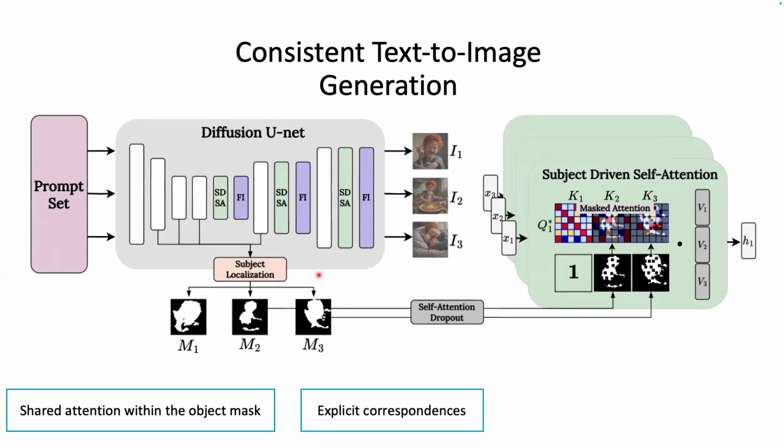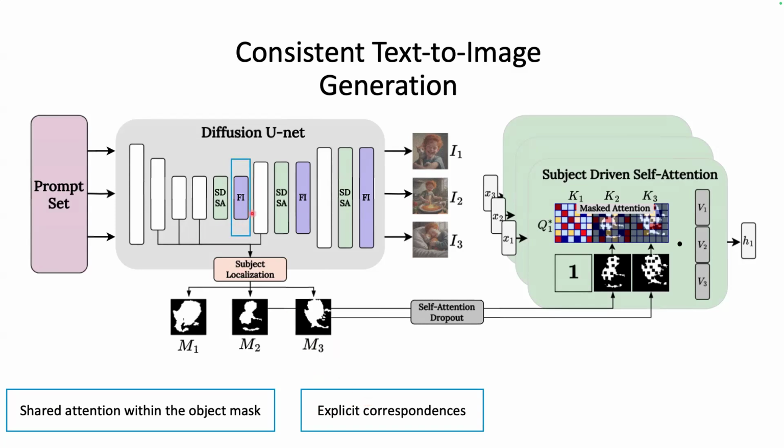Second, another thing that they do, they actually find explicit correspondences between the main subject in the different images. They find these correspondences with a method called DIFT, which is based on the attention features. And after they have these explicit correspondences, they actually inject features from one image into another.